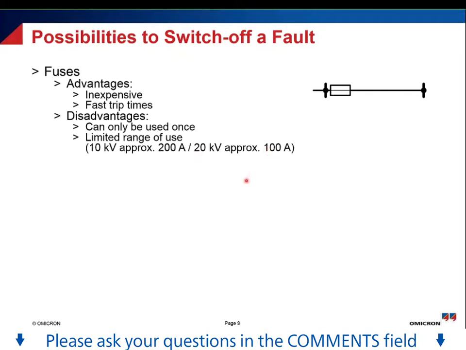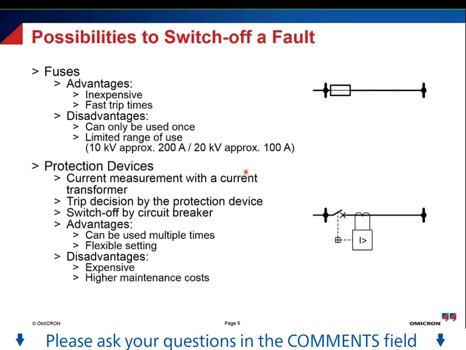On the other hand, to fuses, we have the possibility to have protection devices. Well, how does this work? We have a current measurement with a current transformer, or a CT. This current transformer transforms the high current of the network down to secondary values, which then can be used by digital or electromechanical devices.